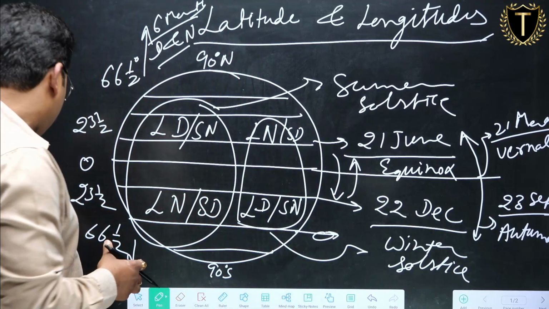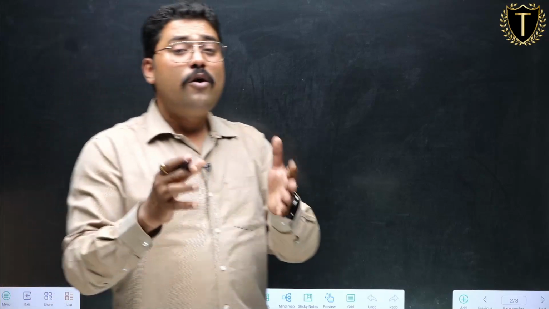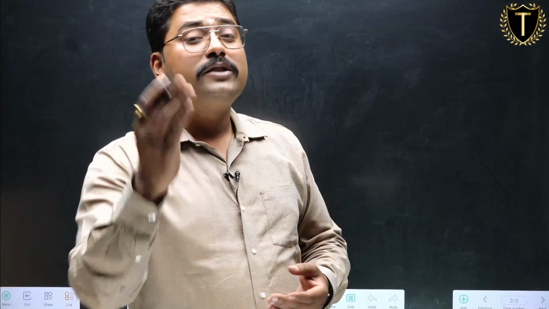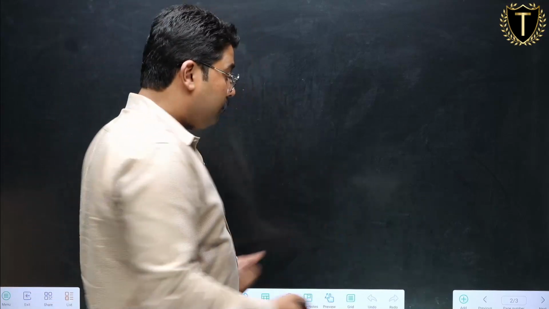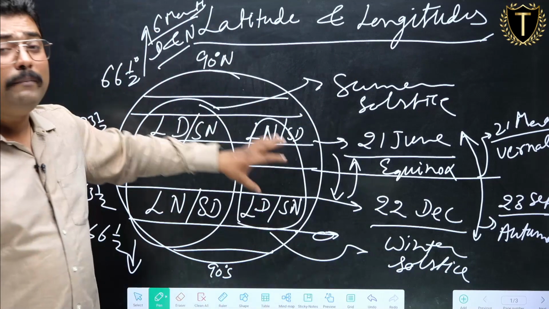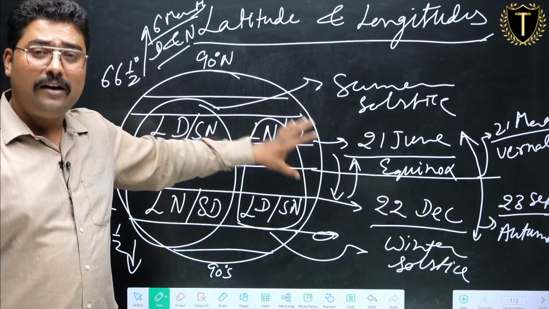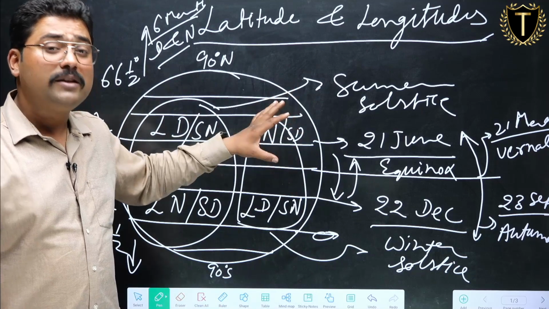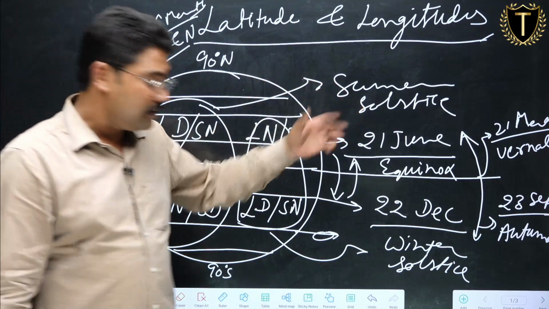So for why, we are going to see the inclination or the tiltation of Earth, which is another aspect. Previously we saw the major events when they occur, and what are the possible things which UPSC asks.